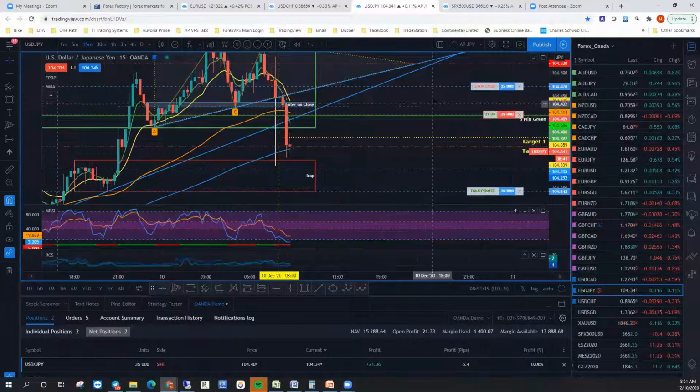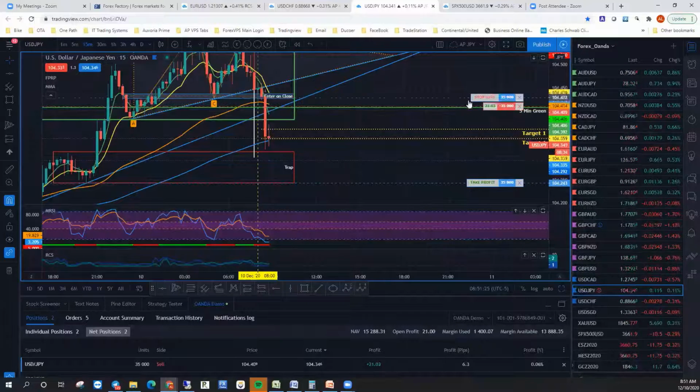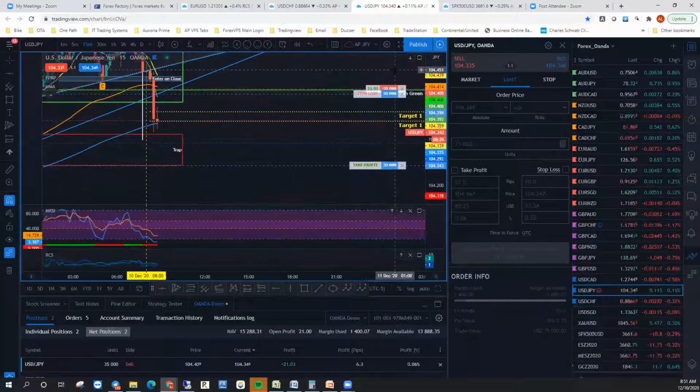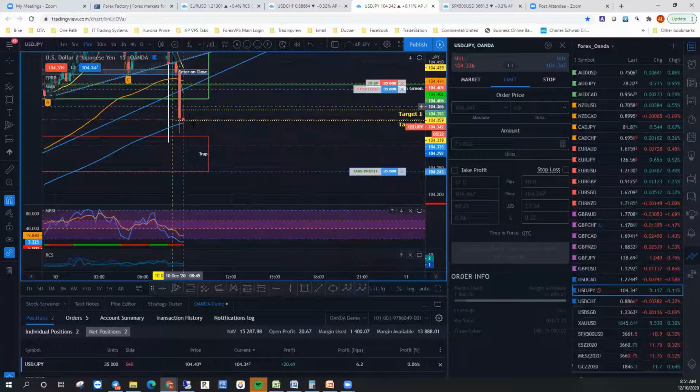Actually, I'll just leave it right where it is right now. Maybe move it back to break even if you took some profit, just to not turn a winning trade into a losing trade. Now you're in a risk-free trade. Now you can just see how far it's going to take you.